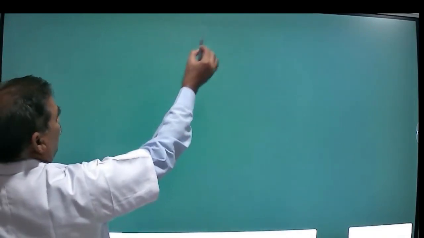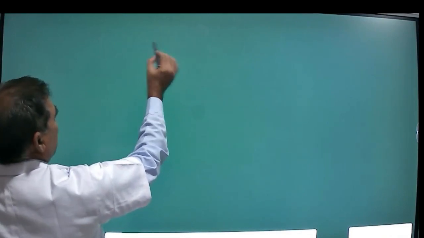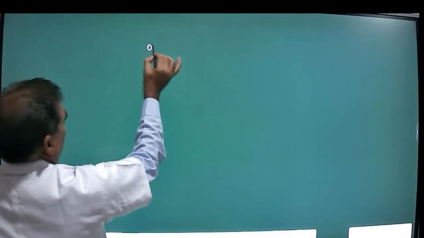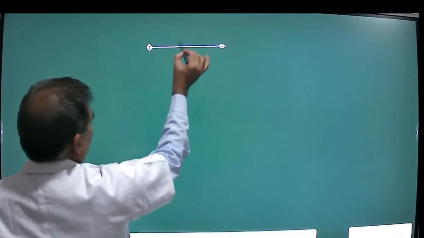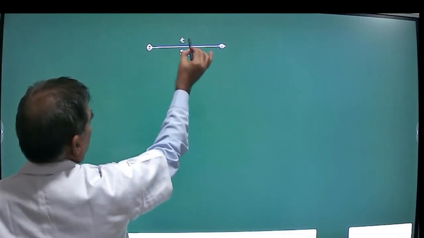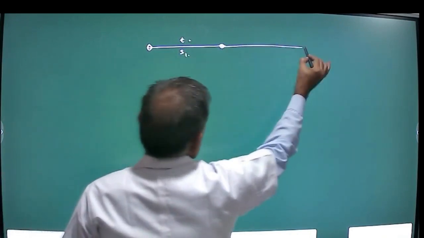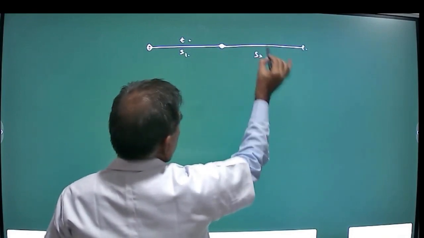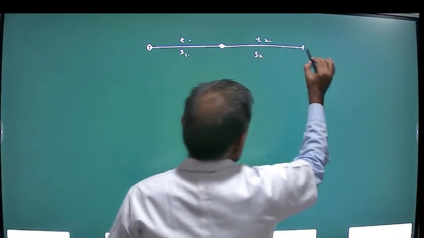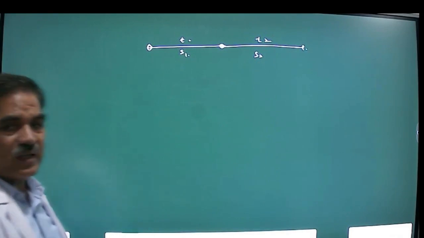But if the body is moving with different speeds, suppose this S1 distance is traveled in T1 time, and this S2 distance is traveled in T2 time, then what will be the average speed?